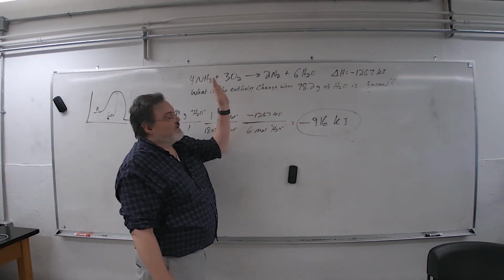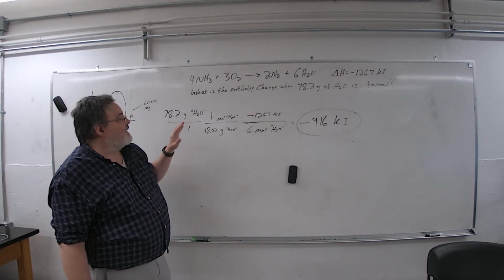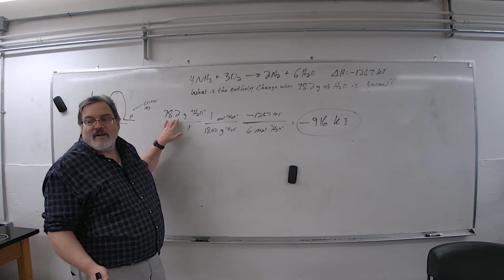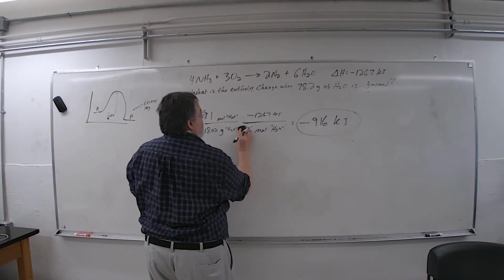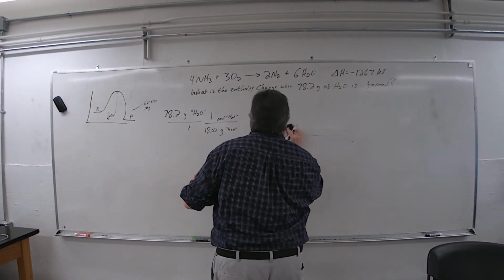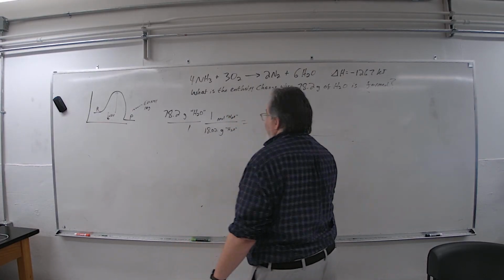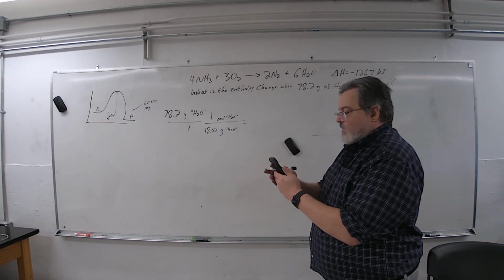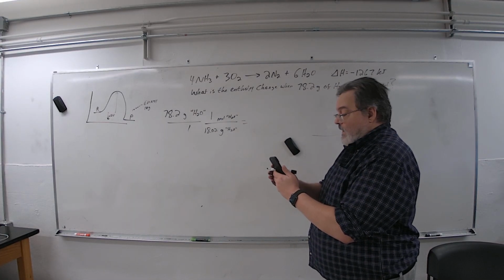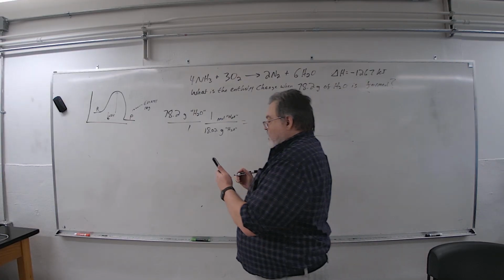But since I didn't do it in this stoichiometric amount, I said 78.2 grams of H2O, whatever that is in moles. If I calculated that to find out how many moles it is, 78.2 grams divided by 18.02.